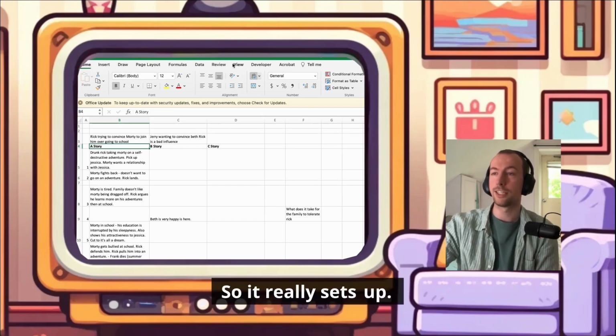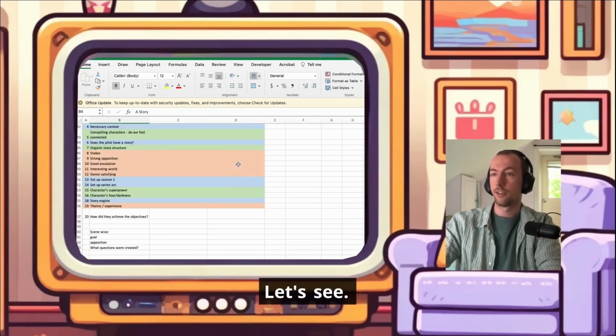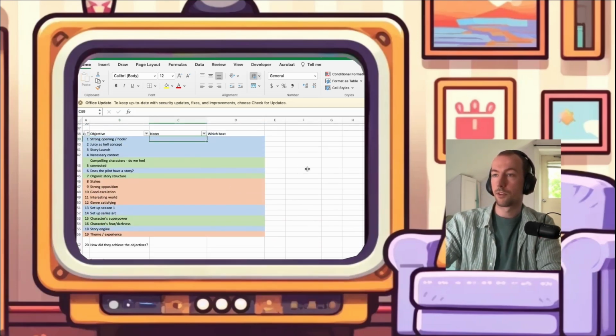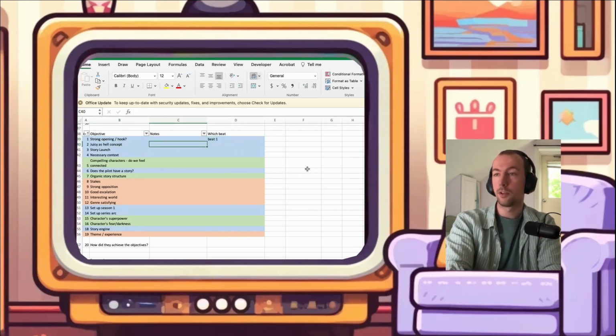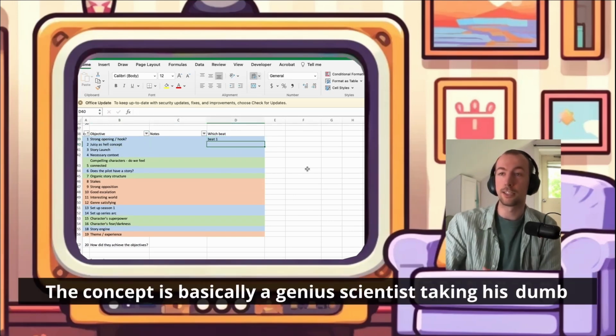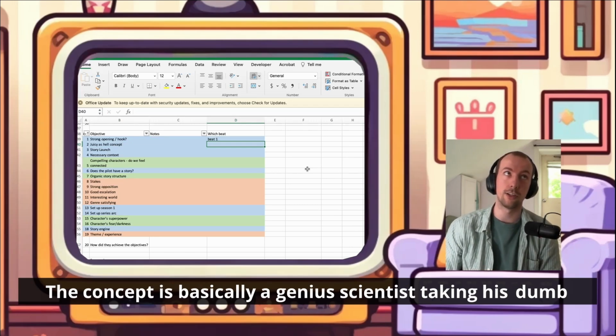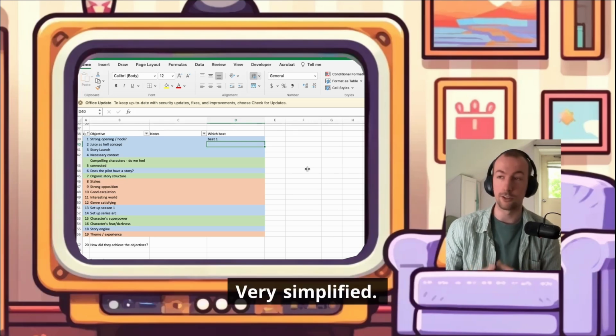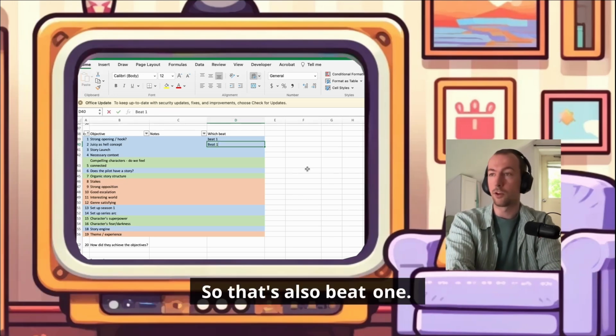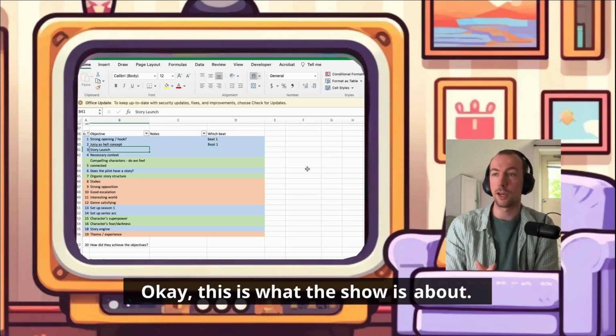So it really sets up, let's see, a strong opening, which is beat number 1. They already do that. The concept is basically a genius scientist taking his dumb grandson on adventures, right? Very simplified. So that's also beat 1. We already got a taste of that. Okay, this is what the show is about.